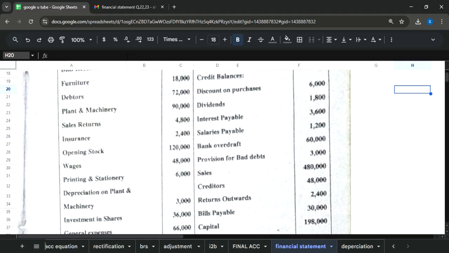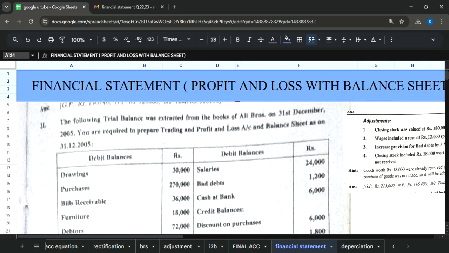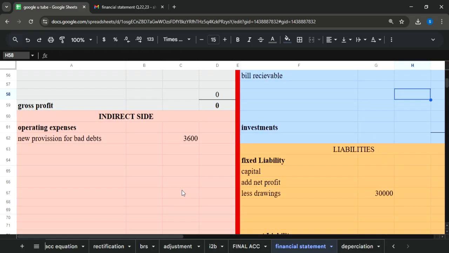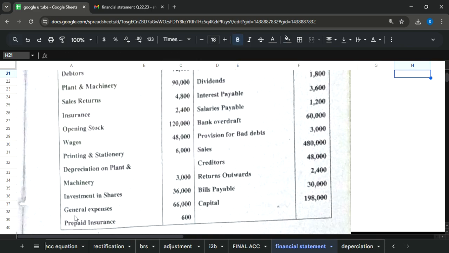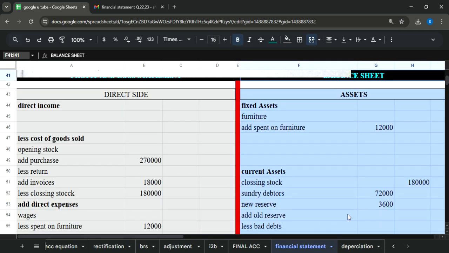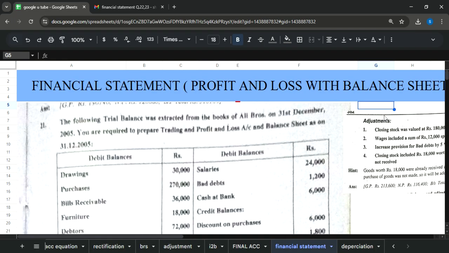The amount of bill receivable is 36,000, so just put 36,000 over here. After bill receivable, we have furniture 18,000. So you will be writing 18,000 in front of furniture in fixed assets.